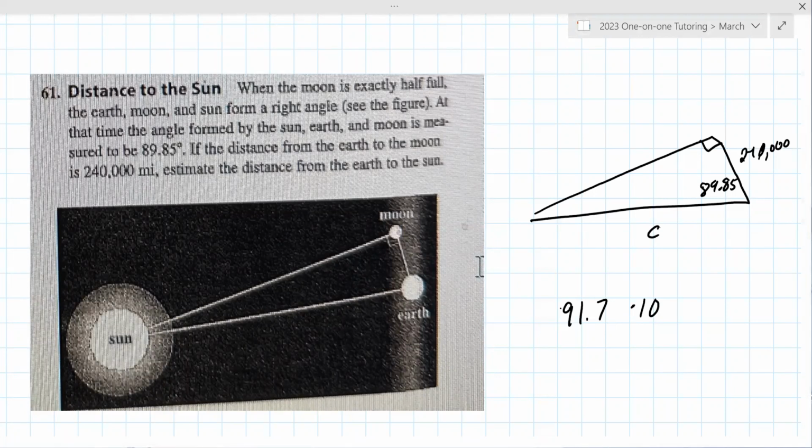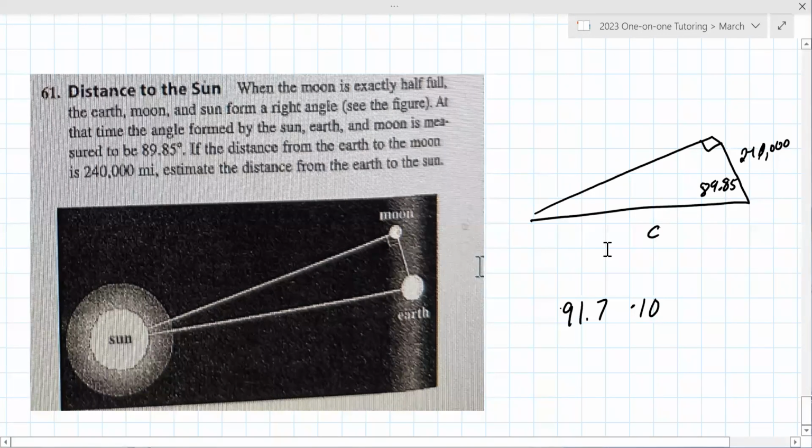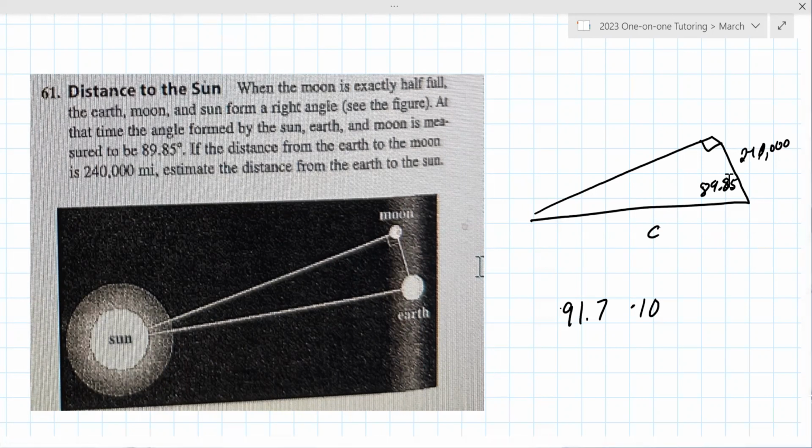Okay. Let me go back and do it again. So it was sine. What did I do? 240. Cosine. You use cosine. Oh, right. Oh, okay. Oh, wait. Now I got a different answer.